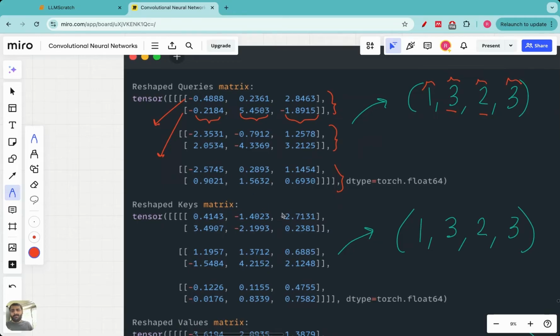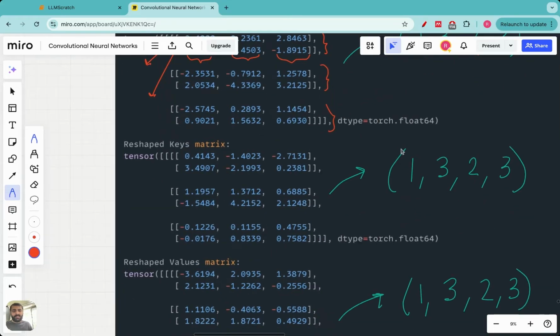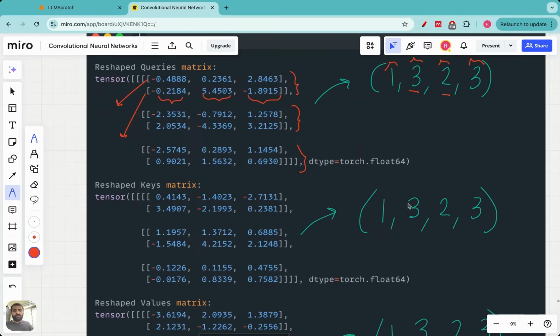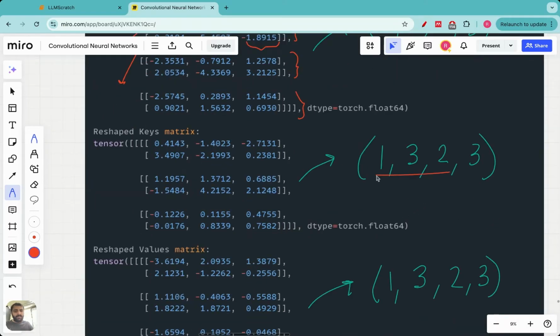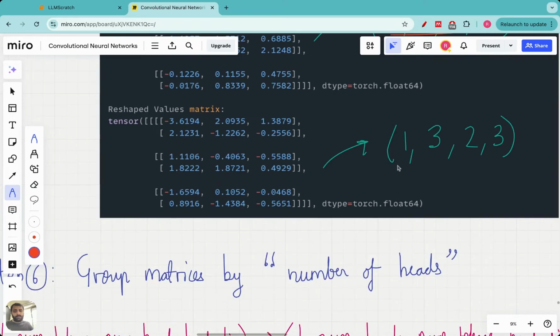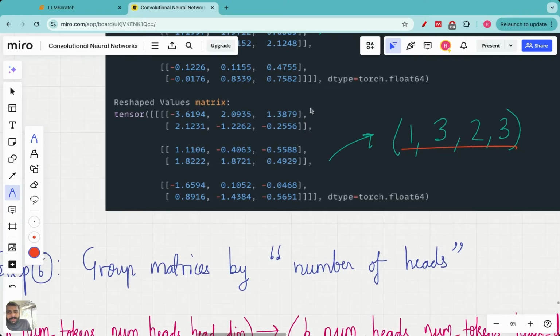In this same way, we can analyze the queries, the keys, and the value matrix also. So the keys matrix will also be 1 by 3 by 2 by 3, and the values matrix will also be 1 by 3 by 2 by 3. As I mentioned before, let me repeat it again. Each row over here is a token. So if you look at the value matrix, let's look at the second row. The second row corresponds to the second token.